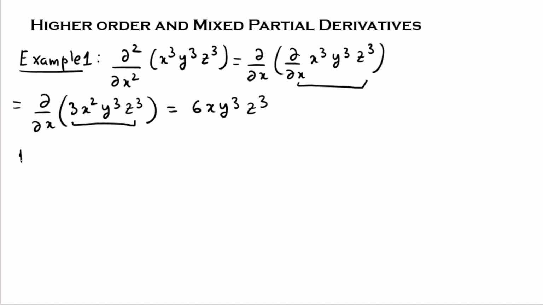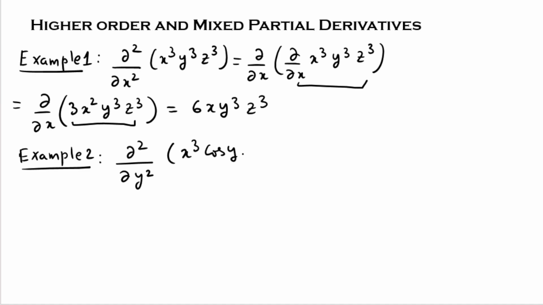Let's cement this idea by looking at another example. Example 2. I want to take the double derivative with respect to y. And this time let the function be x³ cos y z³.